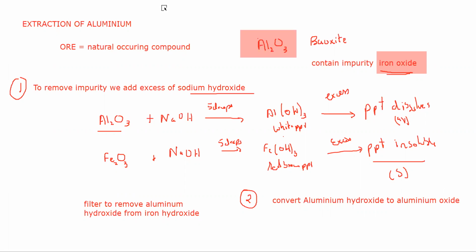Last class we discussed the decomposition of hydroxides. So by thermal decomposition, means we supply the heat energy so that this aluminium hydroxide will decompose into aluminium oxide plus water or steam.